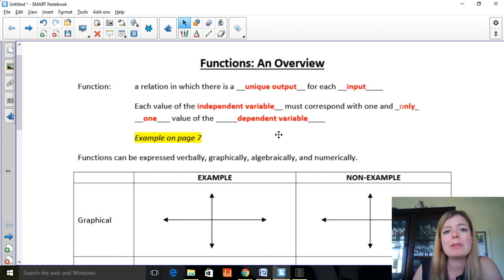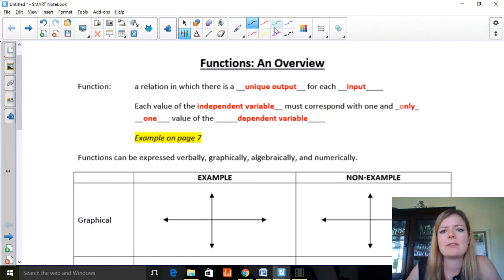So like in a parabola, for instance, let's say y equals x squared. This is a function because if you put in any number, let's say 1, you're only going to get one possibility for what you can get out. 1 squared is 1. There's nothing else that 1 squared can be.